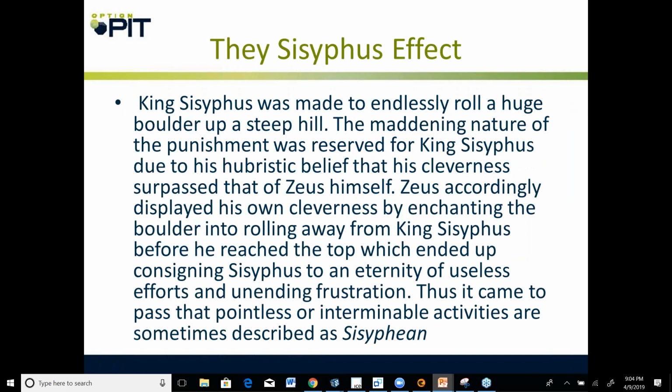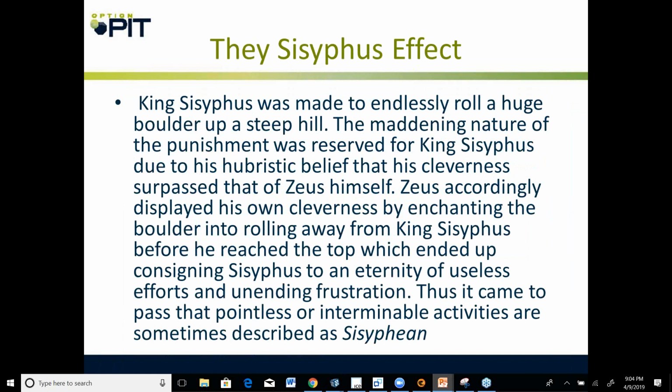The maddening nature of the punishment was reserved for King Sisyphus due to his hubristic belief that his cleverness surpassed that of Zeus. Zeus, accordingly, displayed his own cleverness by enchanting the boulder to roll away from Sisyphus before he reached the top, which ended up consigning Sisyphus to an eternity of useless efforts and unending frustration. Thus it came to pass that pointless or interminable activities are sometimes called Sisyphean.